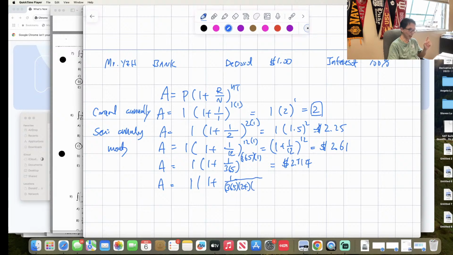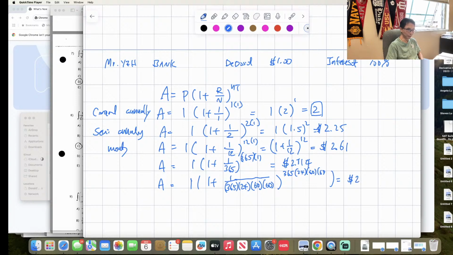And every hour has 60 minutes and 60 seconds, right? And this is 365 times 24 times 60 times 60. Give me 3 decimal places. You can use decimals, you can use a graphing calculator. 2.718.